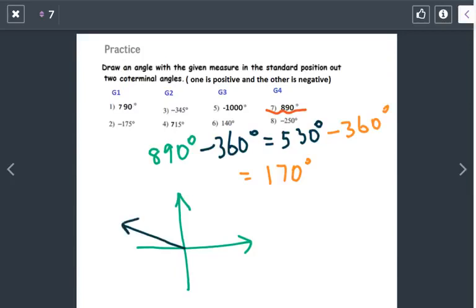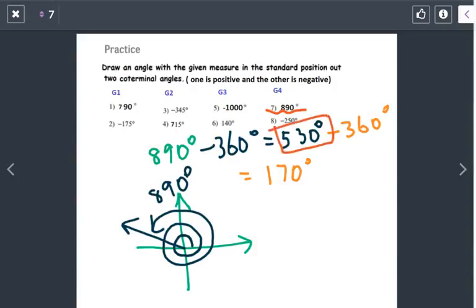Since I subtracted 360 twice, that's why we draw two rotations. So here's one, then this is two. Then go back here. That's how you draw 890 degree. You could see 530 is a positive coterminal angle.